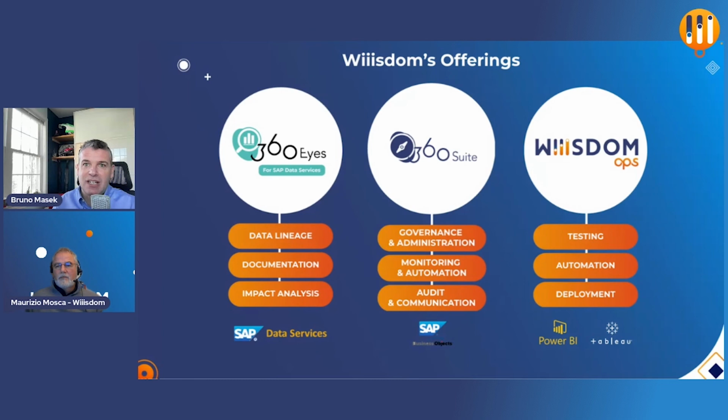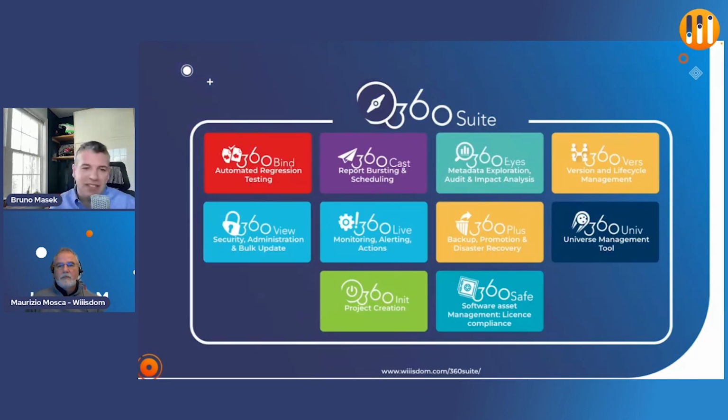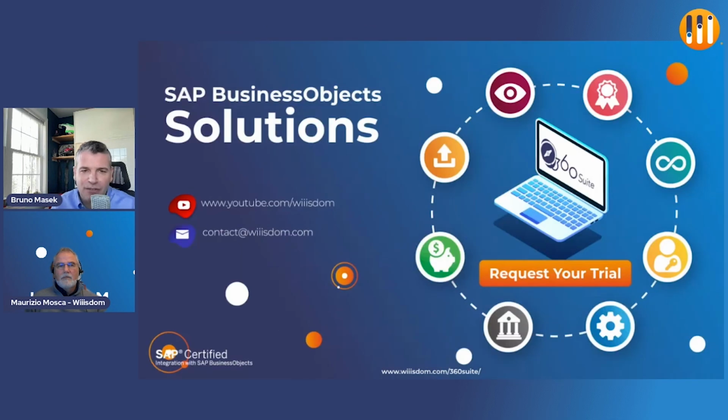So ensuring that the last mile can be fully trusted, ensuring that the dashboards going to your CEO, your critical users, your embedded analytics, are fully tested and fully trusted. So we support now, of course, Power BI and Tableau. And this is the 360 suite offering that we have today. So, from the regression testing to the bursting, analysis of your metadata. We also do version management and universe management, and there will actually be some additions in the near future.